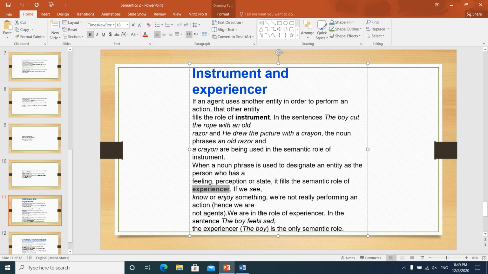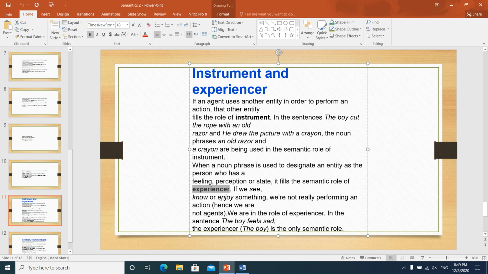So we have instrument, like knife, razor, pen, pencil, any type of instrument or tool which is used by an agent or by the doer of an action.